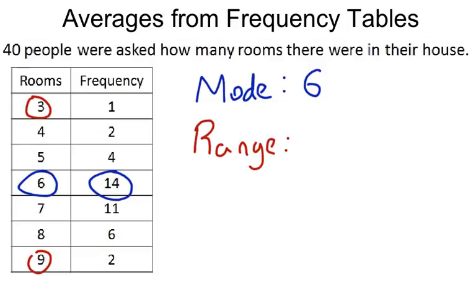The data is the one in the column headed by rooms in this case. So the range is 9 minus 3, which is 6. You do not find the biggest value in the table and take away the smallest value in the table. You must make sure that you are looking at the data column when calculating the range.